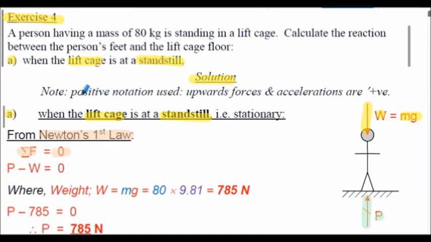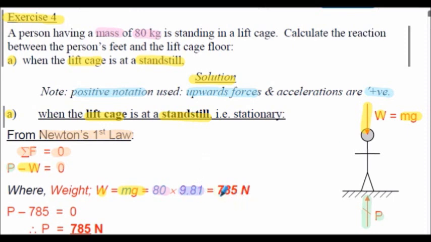Notice the positive notation used is upward forces positive. So for the free body on the right hand side, that would be positive P minus the W is equal to 0. The weight force is calculated from mg. We know that the mass of the person is 80 kilograms, and we always know gravitational acceleration is 9.81 meters per second squared.